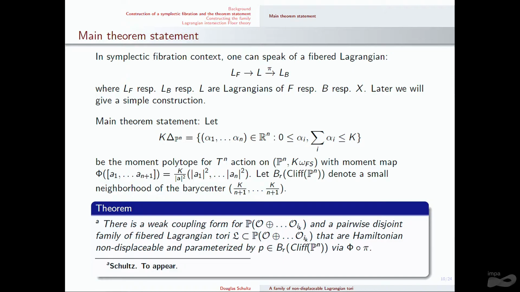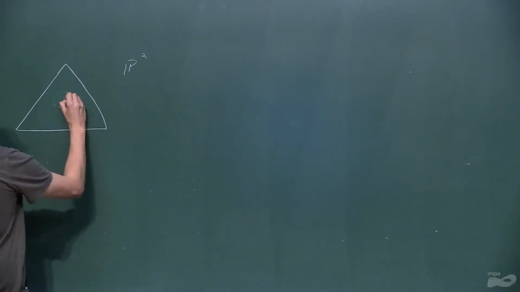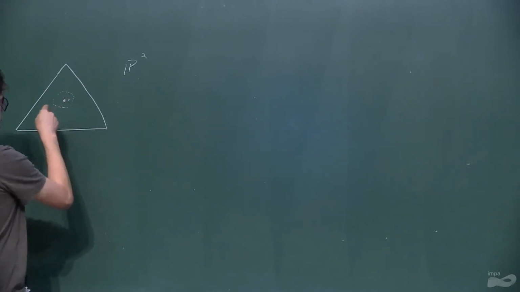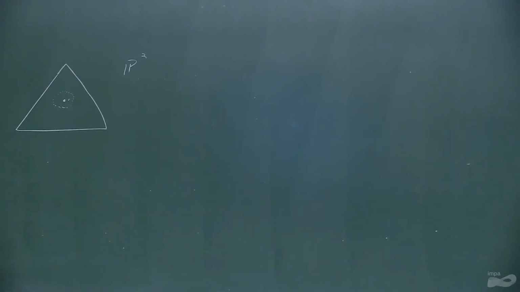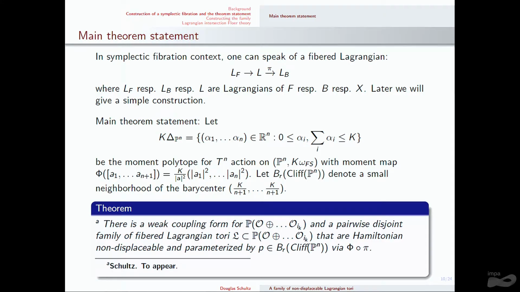So it's parameterized by this little ball. Each L in the family is a lift of a nearby moment torus to the Clifford torus. I say here parameterized by projection composed with the moment map over that neighborhood. Can people see that?